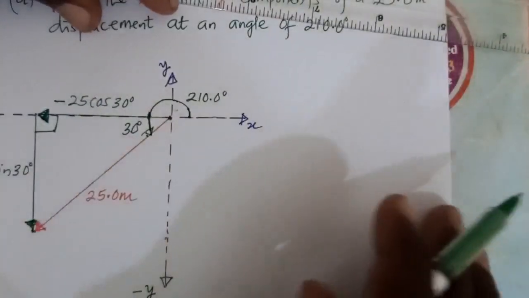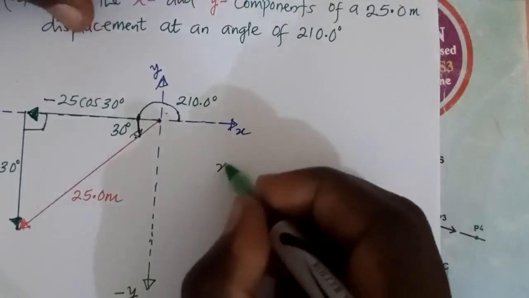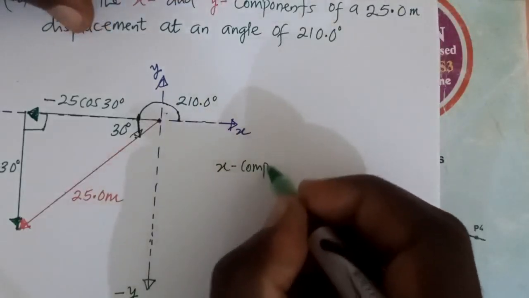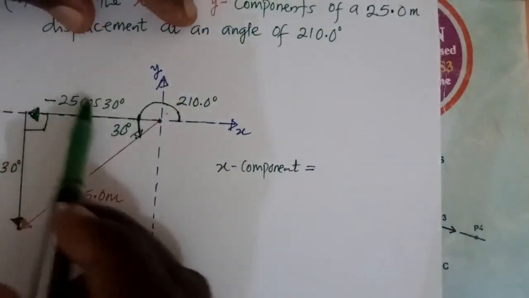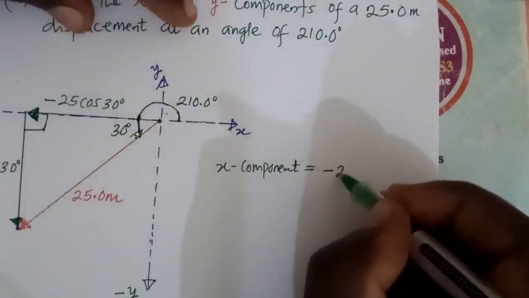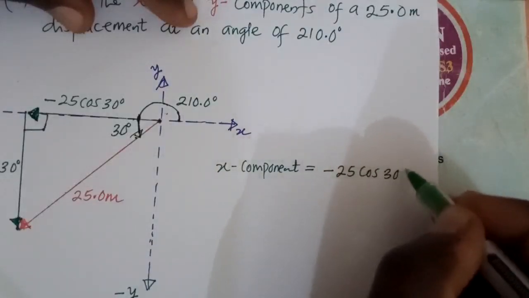From the side here, we can simply say, okay, x component is equal to, then we take here minus 25 cos 30 degrees.